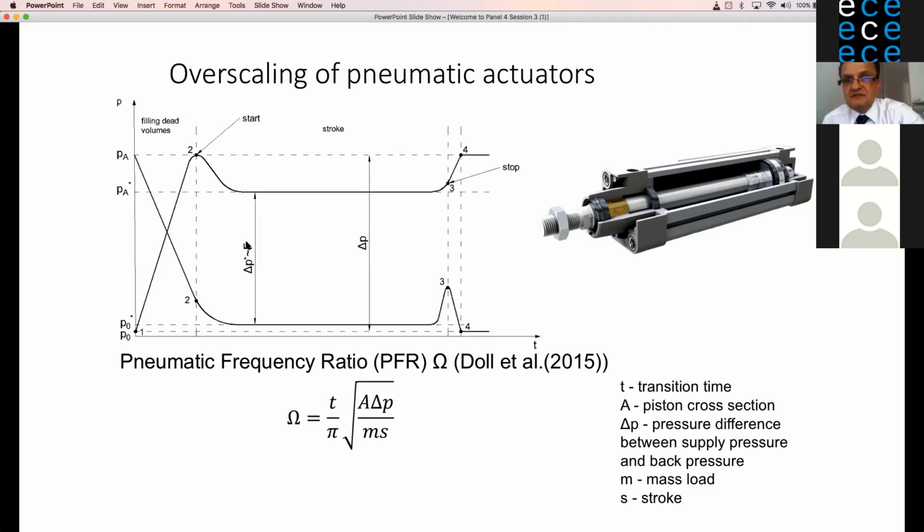For instance, this is the normal duty of the cylinder. So our idea is that if we keep this difference, this pressure gap, and only change its characteristic, we have a chance to store some pressure from this channel.